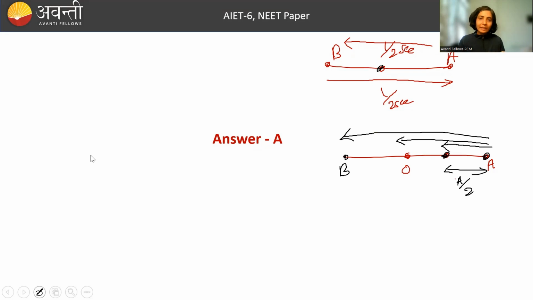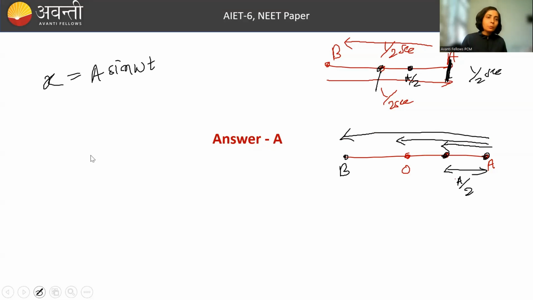But if it is given that from mean to extreme it goes in half a second, then how much time will it take to go from mean to A by 2? So will you say 1 by 4 second? No, this won't be correct. In that case, you need to solve. And how do we solve? The SHM equation, if it is starting from mean, x equals A sin omega t.